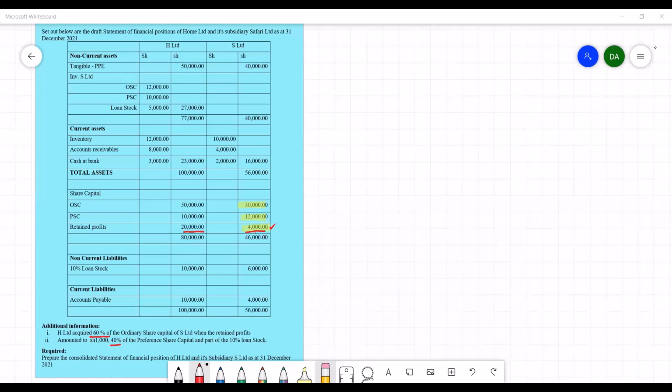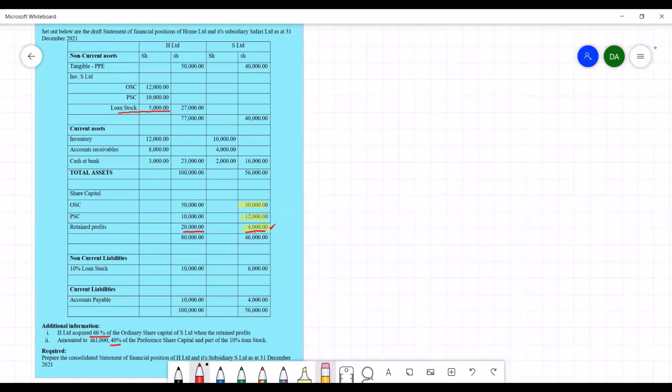The intercompany owing should be cancelled, meaning what the subsidiary is owing the parent company should be cancelled, and what the parent company is owing the subsidiary should also be cancelled. Now, in this case, we can see that H Limited acquired or took over loan stock in S Limited amounting to 5,000.